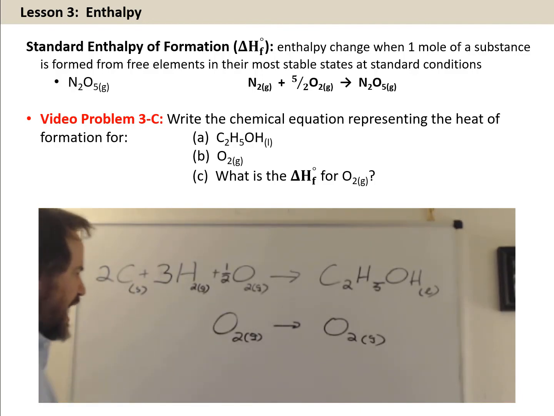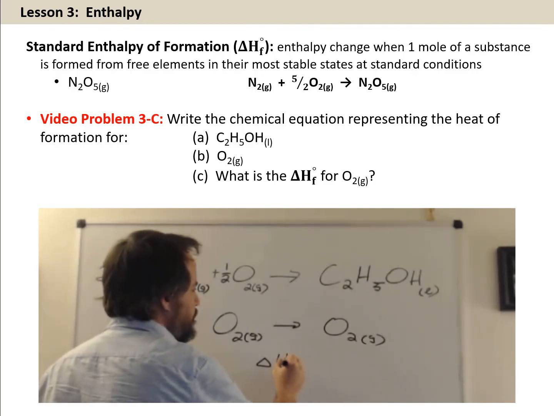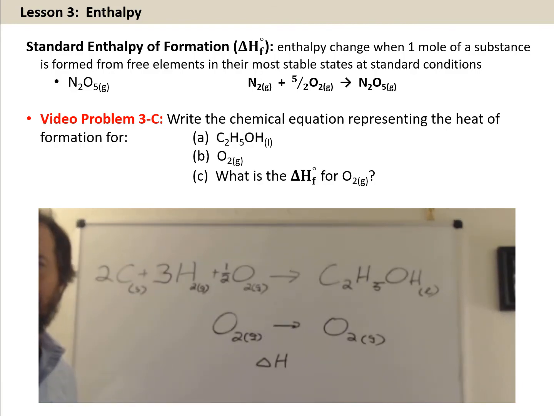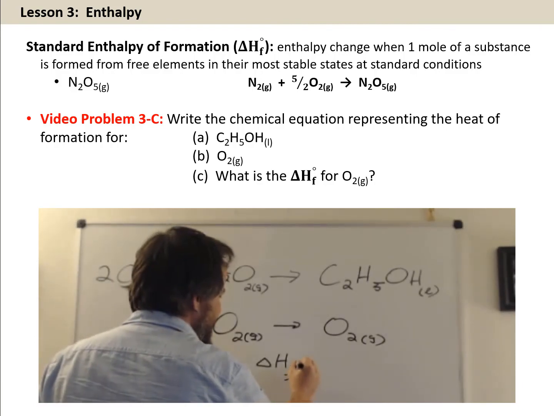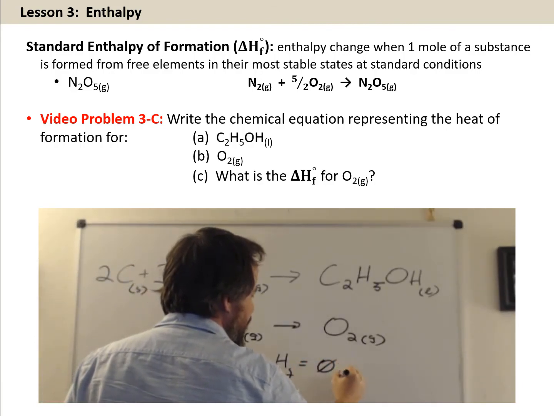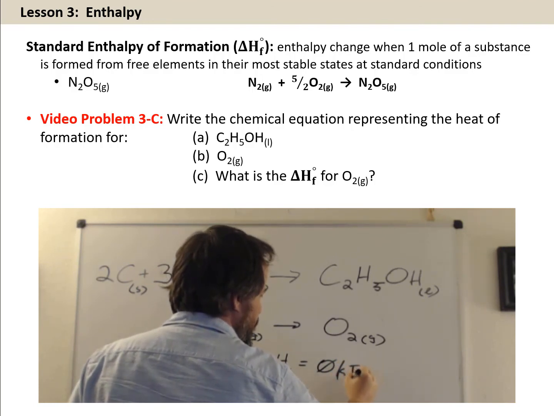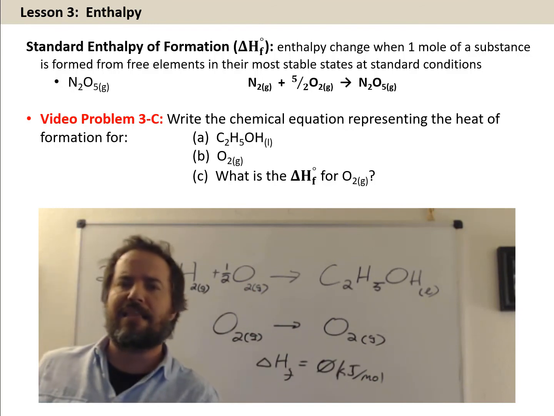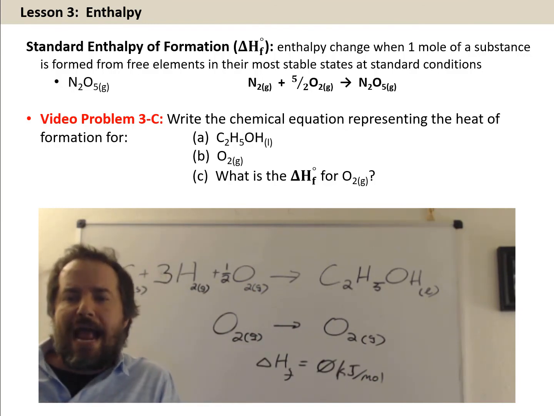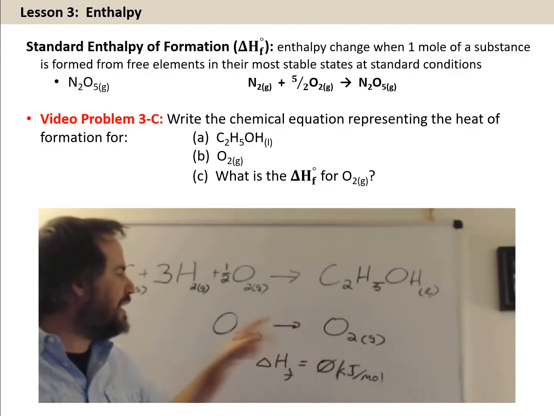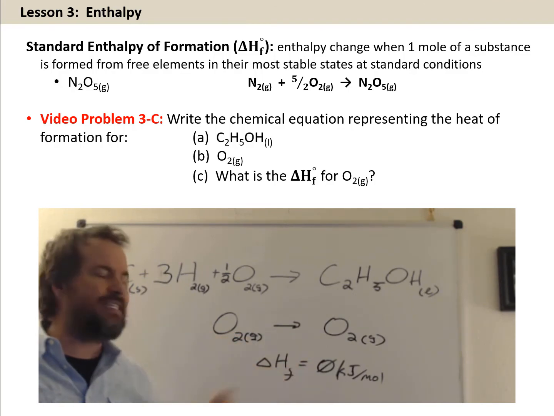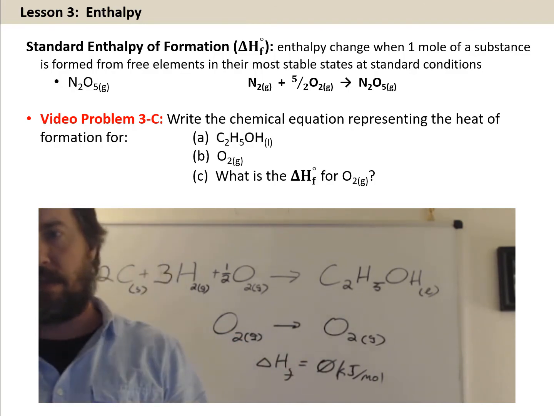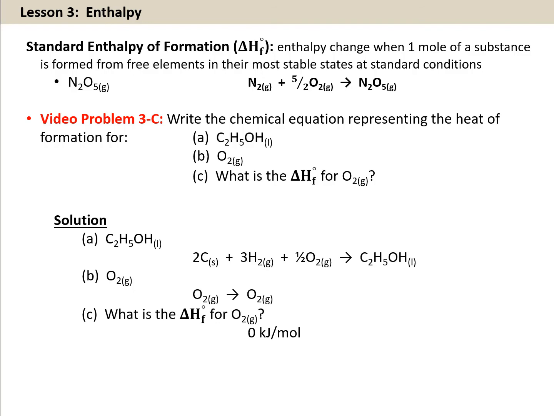So the delta H for this reaction, seeing that nothing's really happening, it's going to be 0 kilojoules per mole, because if I'm looking at the delta HF for any compound and it's in its standard state, its delta HF is 0.